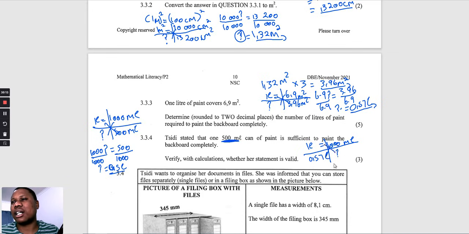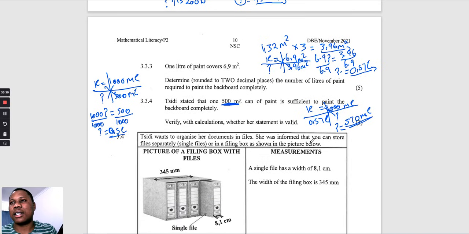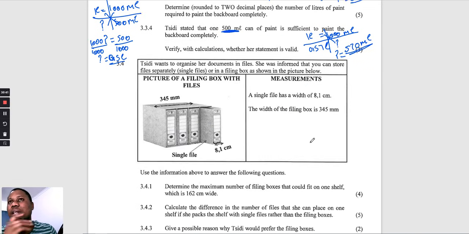We cross multiply, so the question mark is equal to 1000 multiplied by 0.57. That gives us 570 milliliters. This is what is required. So if she buys 500 milliliters, this is not going to be enough because we need 570. Okay, we are done with 3.3.4.